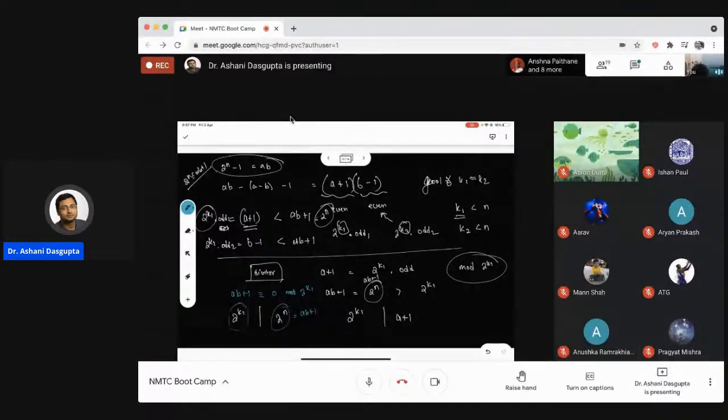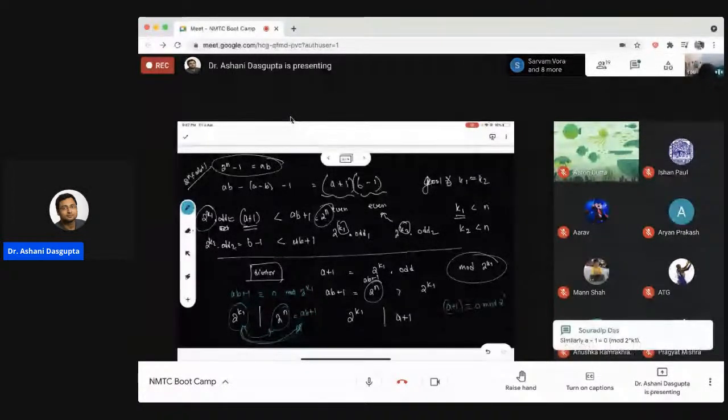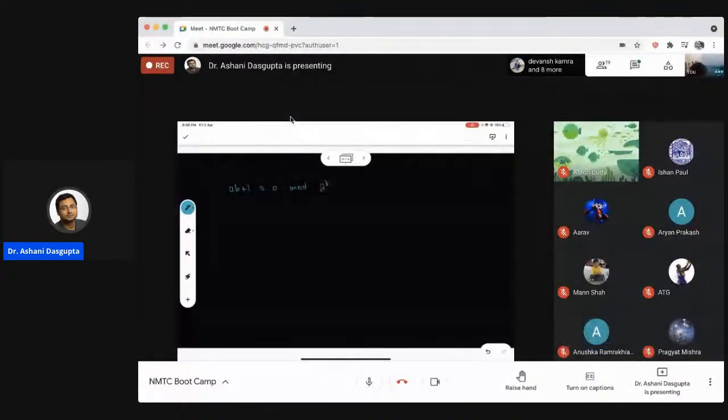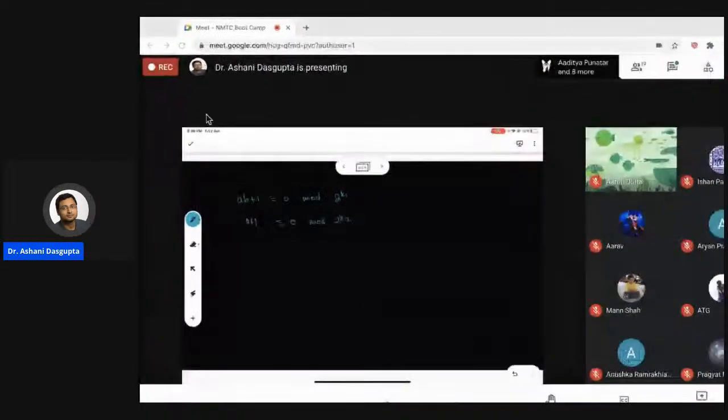So 2 to the power k1 divides 2 to the power n, means ab plus 1 is congruent to 0 mod 2 to the power k1. And then we also have a plus 1 is congruent to 0 mod 2 to the power k1. So what can we say then? You can do something with this pair of congruences.